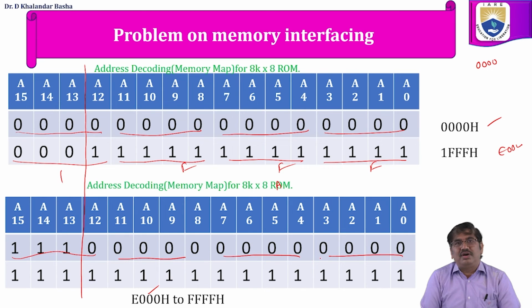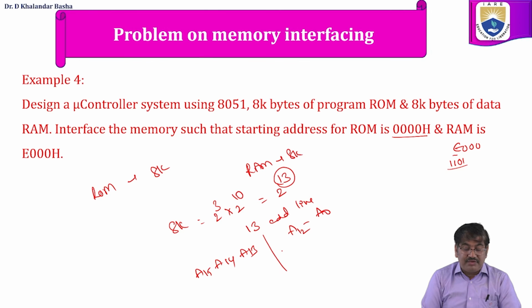So all the bits are 1, and we write the upper address as FFFFH. Why are we selecting A14, A15 as 1? We select according to the address space which is given. ROM is given as 0000, whereas RAM is given as E000. E is equivalent to 1110, so these address bits always should be equal to 1 for the RAM case.